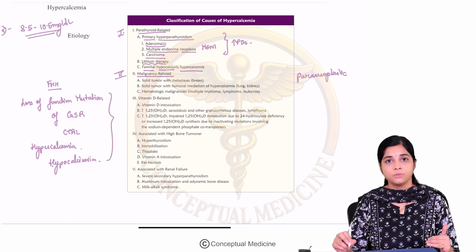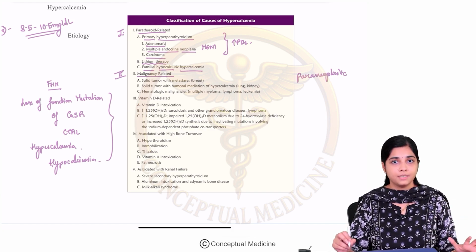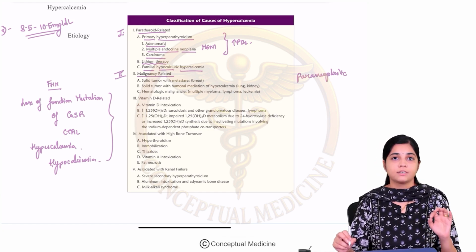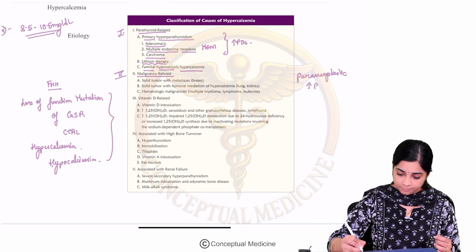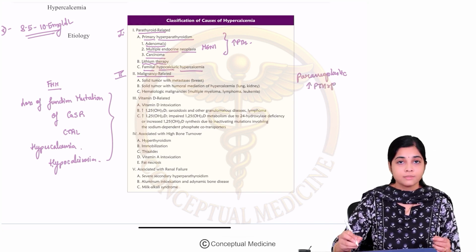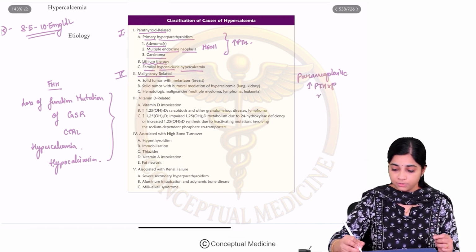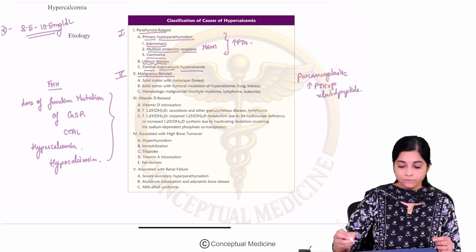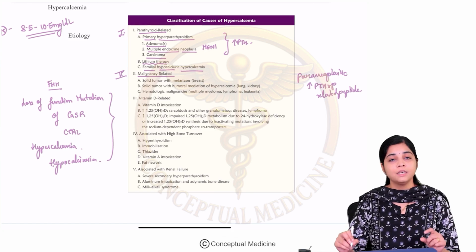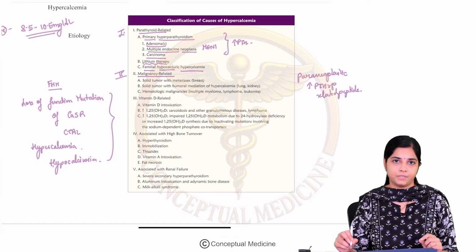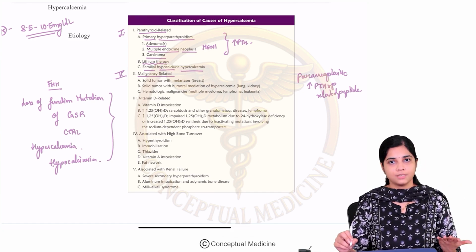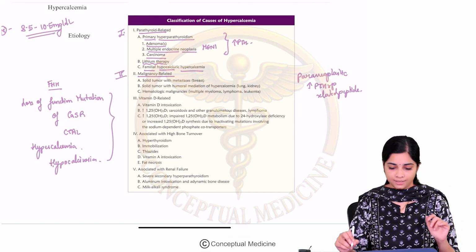And why is it segregated separately? Because this is not because of increased production of PTH, it is because of increased production of PTH-RP, the parathormone related peptide. This also acts like parathormone and causes malignancy induced hypercalcemia.